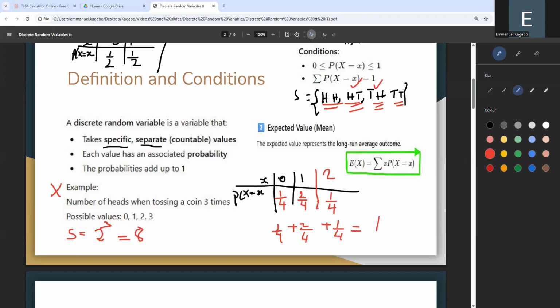The probability can be 0, but it has to be between 0 and 1, because a probability can never be negative and can never be greater than 1. That's what you're seeing here, guys. The other condition is that the sum of all probabilities should always add up to 1.